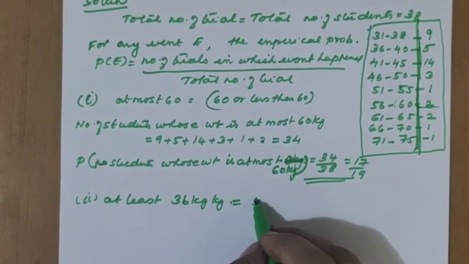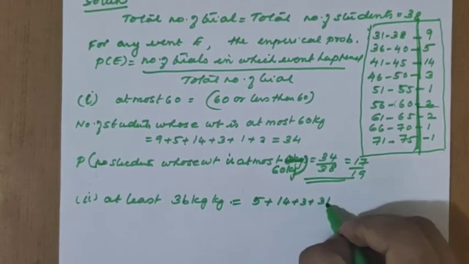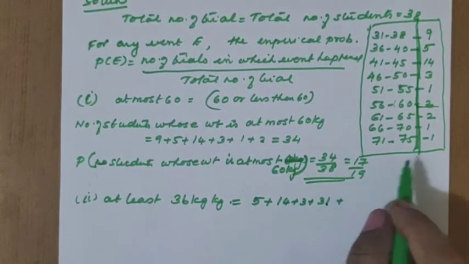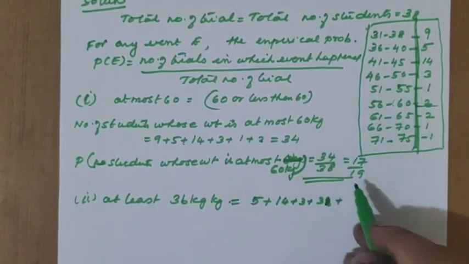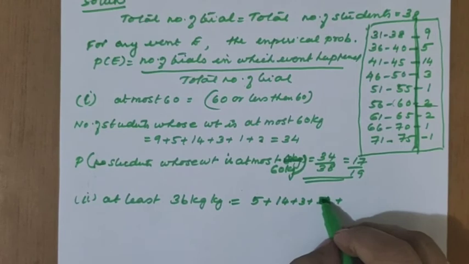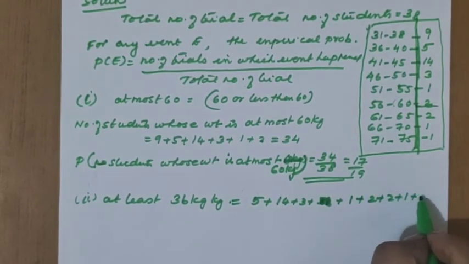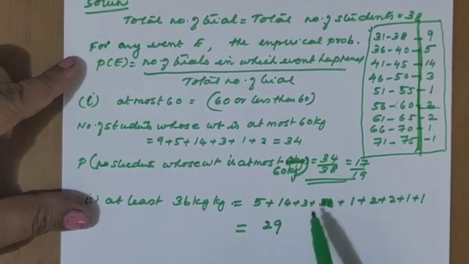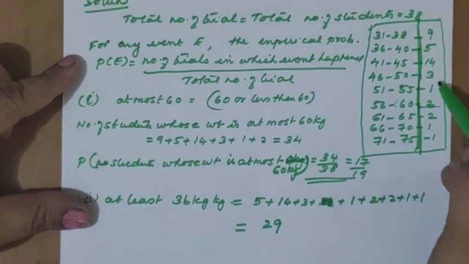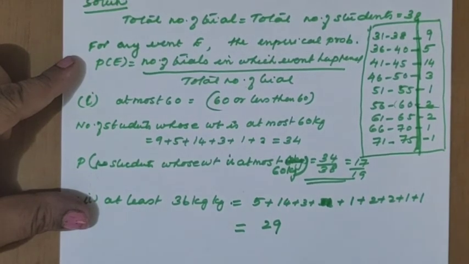So we will write 5 plus 14 plus 3 plus 1 plus 2 plus 2 plus 1 plus 1. So it is equal to 5 plus 14, from here onwards 3 plus 1 plus 2 plus 2 plus 1 plus 1. It is equal to 29.